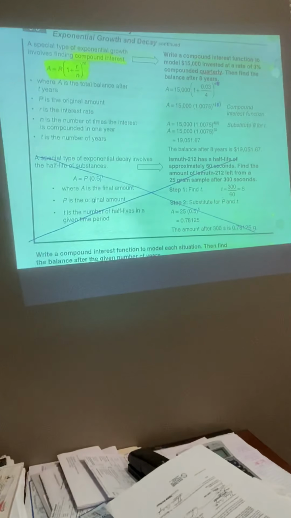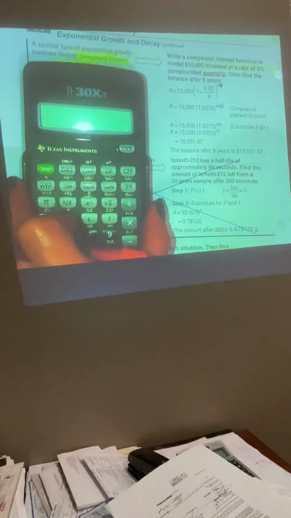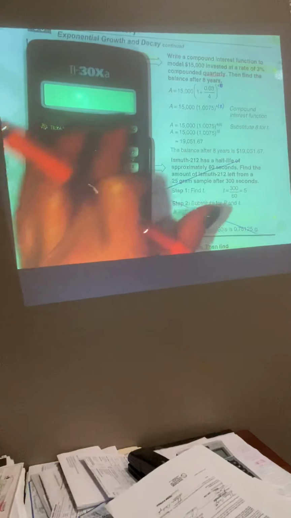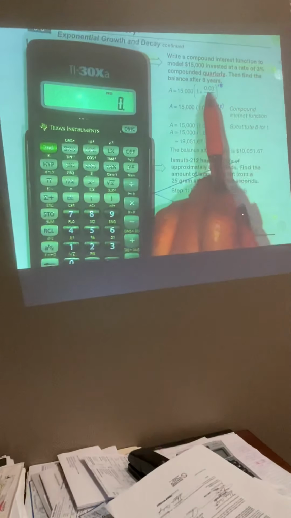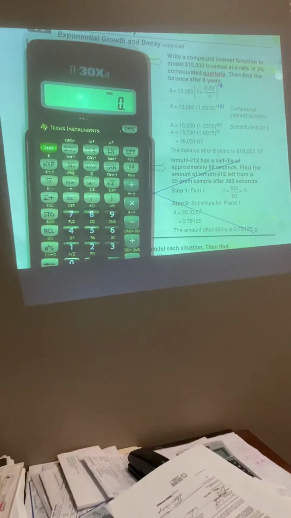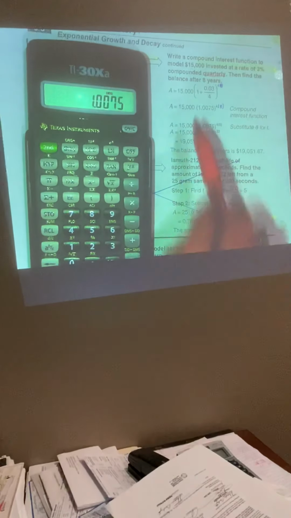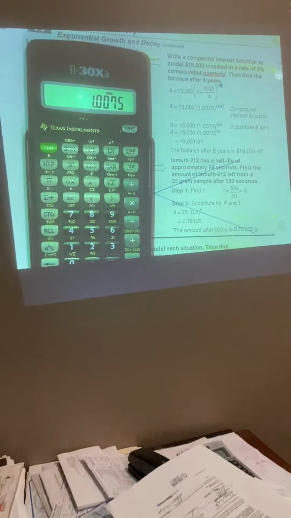Okay, so let's do this on the calculator, and do this with me, please. First thing I'm going to do, 0.03 divided by 4 equals. Then add 1, plus 1 equals. We should get 1.0075.